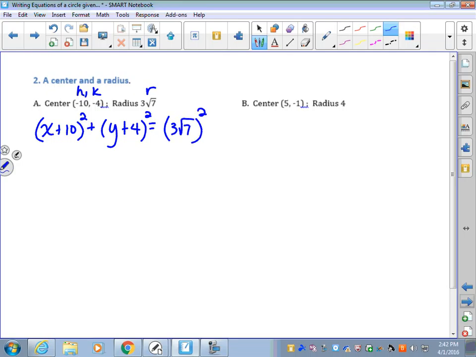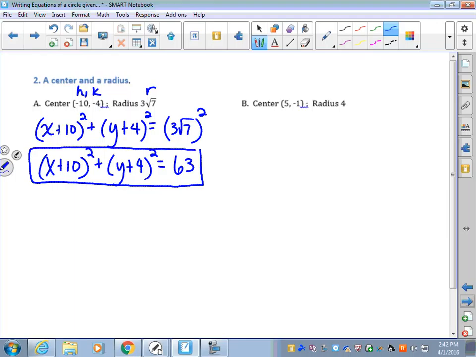We're going to go ahead and square that and simplify that, and you should come up with the whole number answer. So really it's (x plus 10) squared plus (y plus 4) squared, and this is going to equal 63 because you square the 3, and whenever you square the radical 7, that becomes just 7. All right, we're good there.